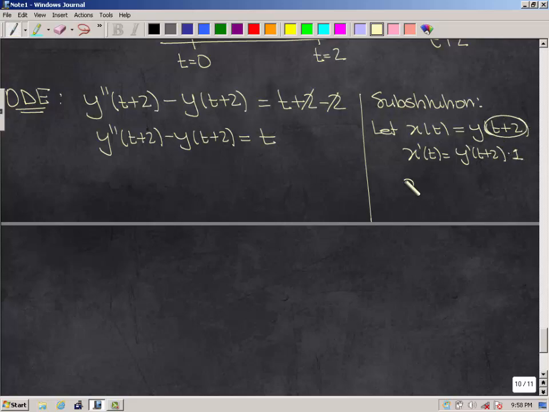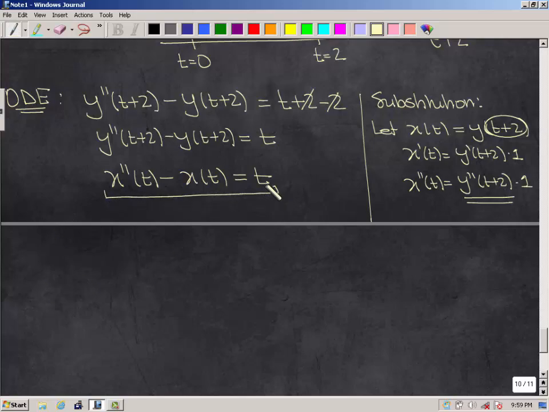If I take the second derivative on both sides, I get y double prime, and with the chain rule, the derivative of the inside is 1. So I can replace y double prime with x double prime of t, and y of t plus 2 can be replaced with x of t, equal to t. So my ODE now became this. This is my new ODE. Just keep that in mind, this is what we're going to solve in a second.